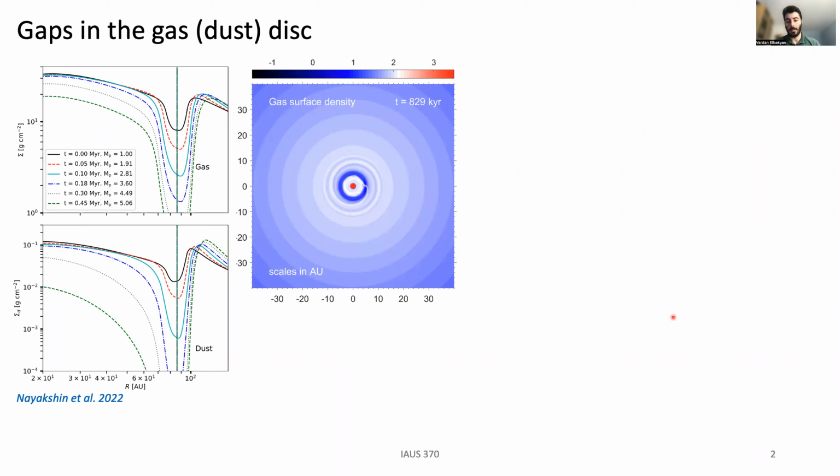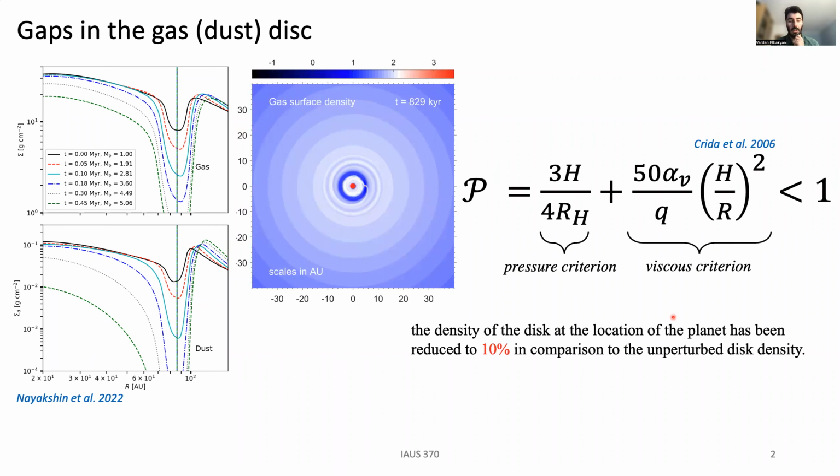So the minimum planet mass needed to open a gap in the gas disk depends primarily on the stellar mass, on the disk aspect ratio, and on the poorly known turbulence alpha parameter.